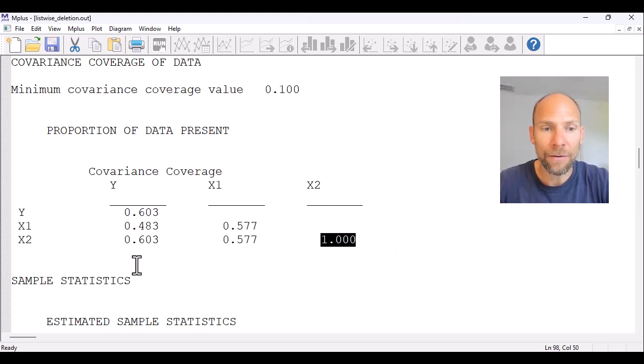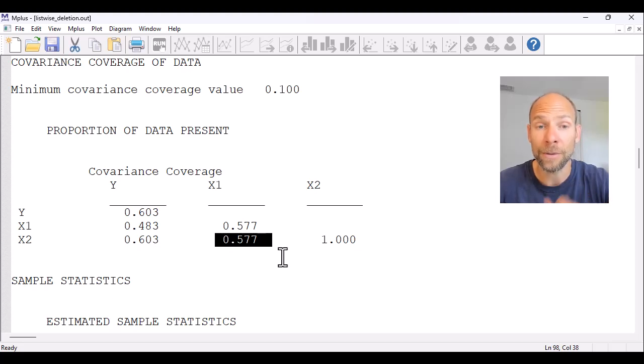The other coverage looks worse, obviously, because all patterns include missingness on Y or X1. So for the variance of Y and the variance of X1, we have less than 100% coverage, and also for the covariances between all variables, because X1 and Y were not observed for everybody.